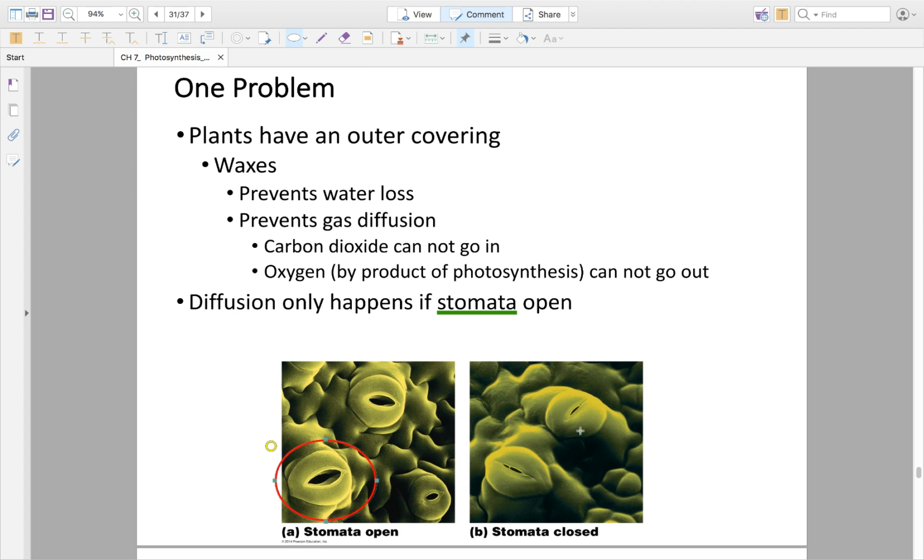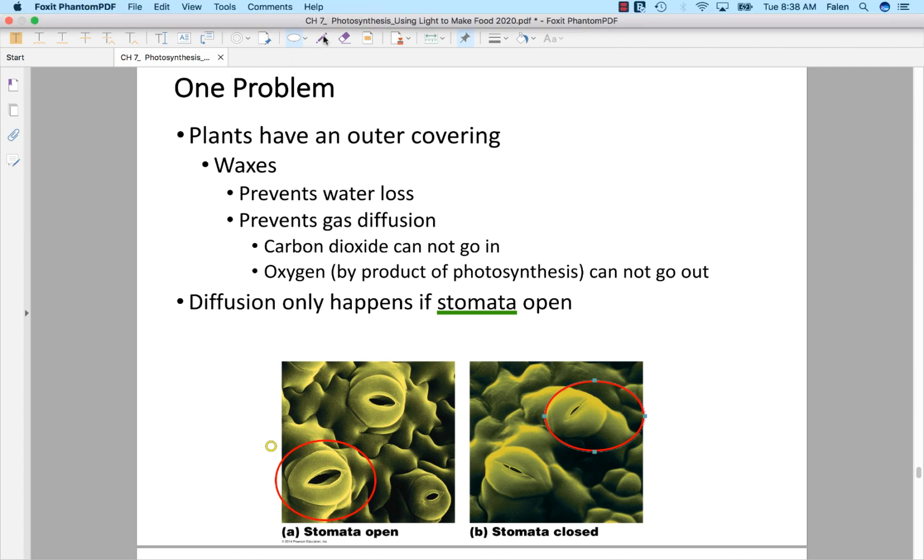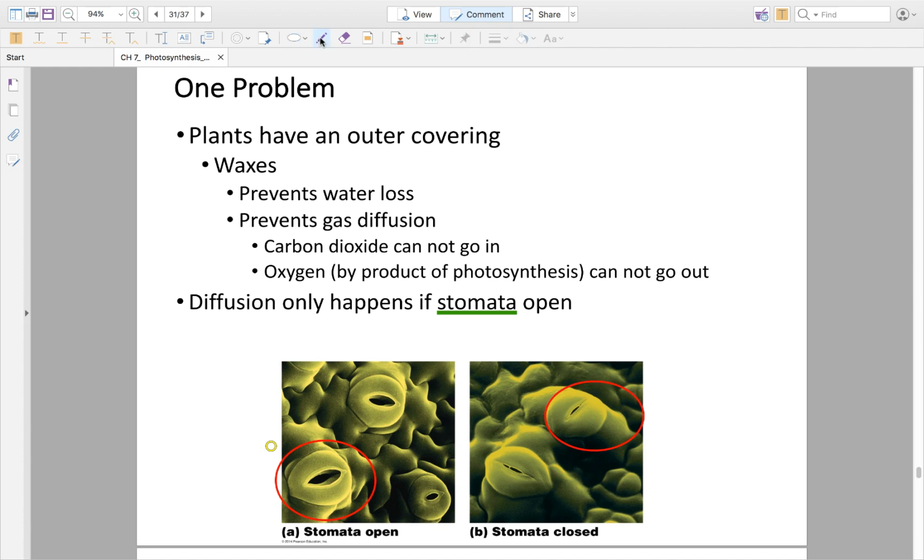This is a closed stomata. Now, why would a plant close its stomata? Well, it's going to do so if it's hot, if it's dry out and the plant doesn't want to lose water. All plants have this outer covering of wax that prevents water loss. However, if they close their stomata, the wax also prevents gas exchange. Gas can only be exchanged through an open stomata.